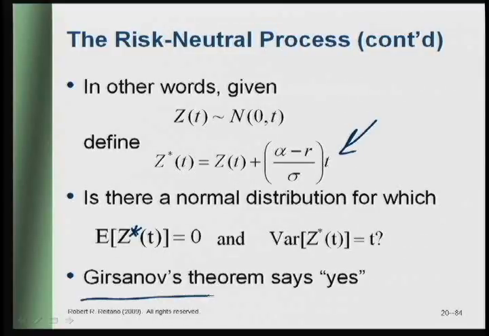There's a theorem in stochastic process theory called Girsanov's theorem. And it turns out the answer is yes. Girsanov's theorem says that under certain conditions, one is able to change the probability structure so that these drifted processes can be forced back into basic plain vanilla Brownian motion.